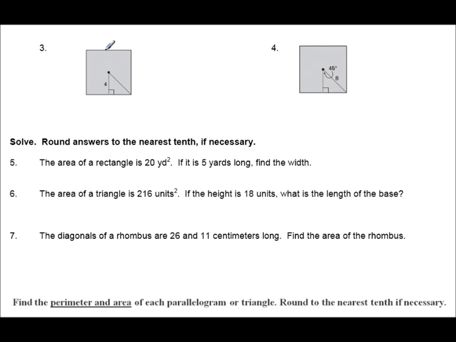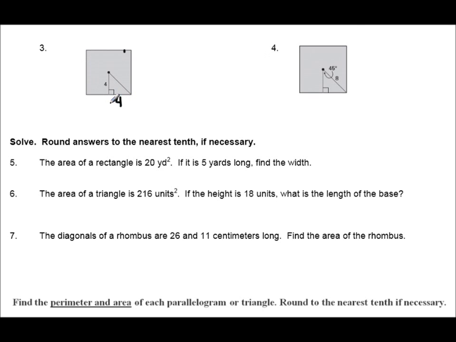Number 3, we're going to be utilizing special right triangles again. We're going to assume that this is a square. So if this is a square and we have an altitude drawn within the square, it's going to be a 45, 45, 90 triangle. Opposite the 45 is n, and opposite the 45 here is n, so this is also 4.